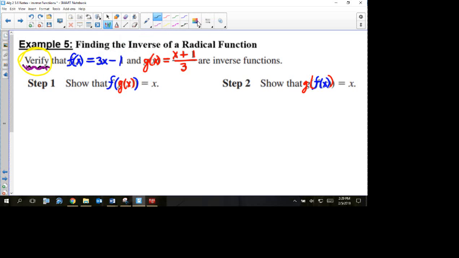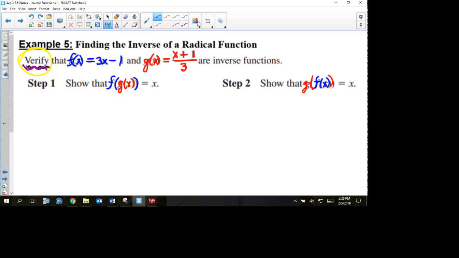Okay, to prove it, you are doing f of g of x. So we got two functions. We have to prove that these are or are not inverses. And to prove that, you have to take the g function and stick it in the f function wherever there's an x.